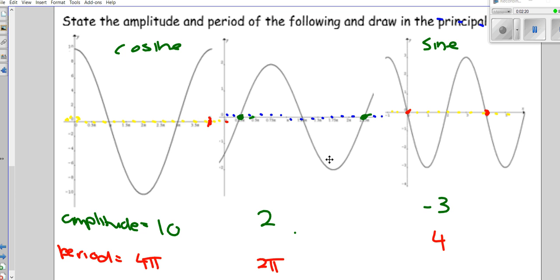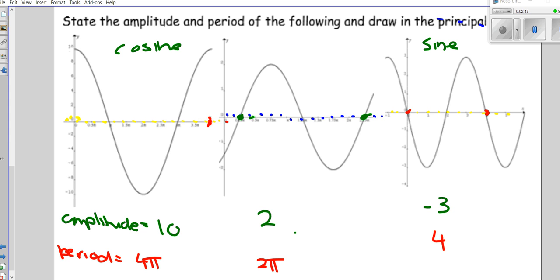If you're looking at this one from a sine perspective, you could think of it as negative sine. So that's why we had -3 as the amplitude, and the period from here to here is 4. Whereas if you looked at it from a cos perspective, then the amplitude is just 3. So it would be 3 cos, or it would be -3 sine.